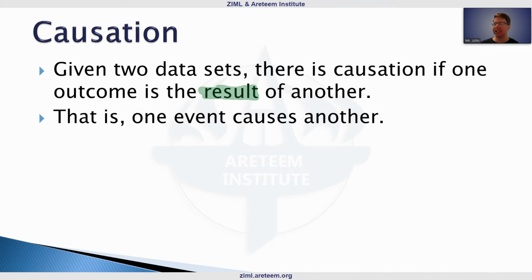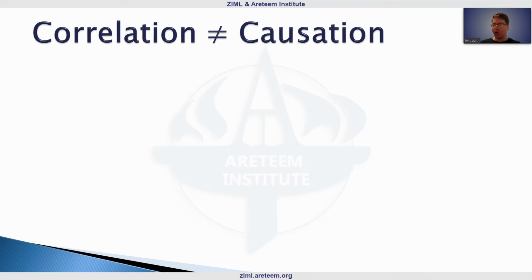Then we have this idea of causation in that scenario. The normal phrase you'll hear all of the time, which we're exploring a little bit in this case, is that correlation is not the same as causation.